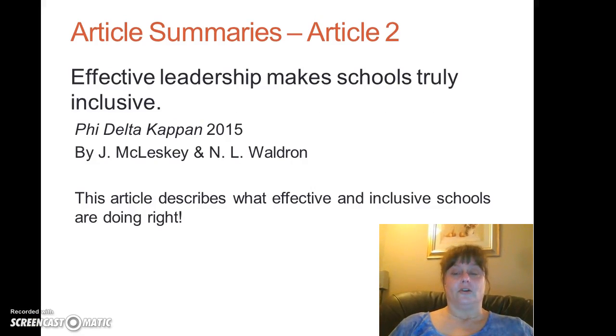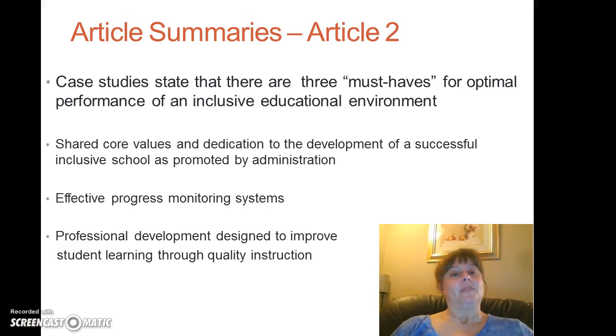The second article that I found is titled Effective Leadership Makes Schools Truly Inclusive. And this article, in a nutshell, describes what effective and inclusive schools are doing right. There's a case study that states that there are three must-haves for optimal performance of an inclusive educational environment.